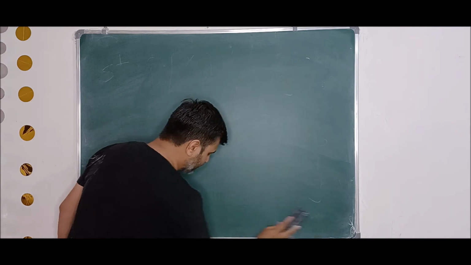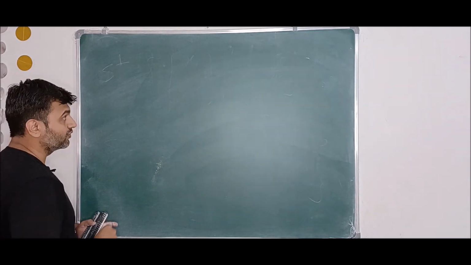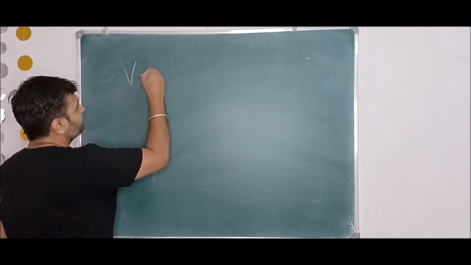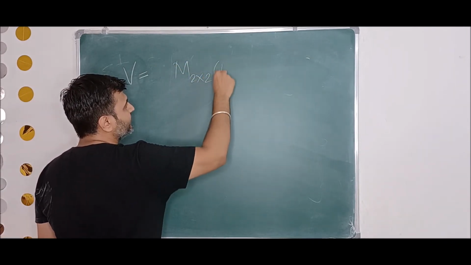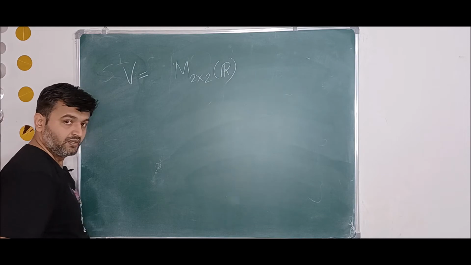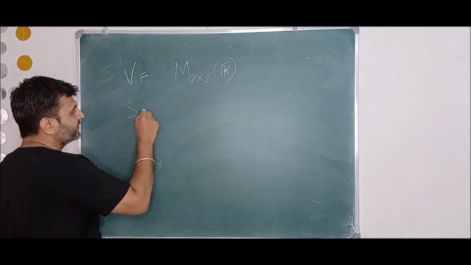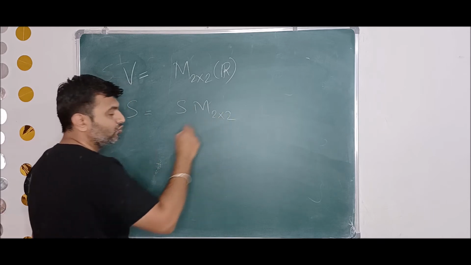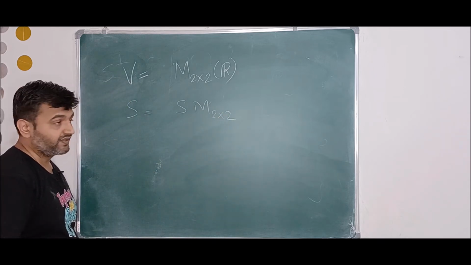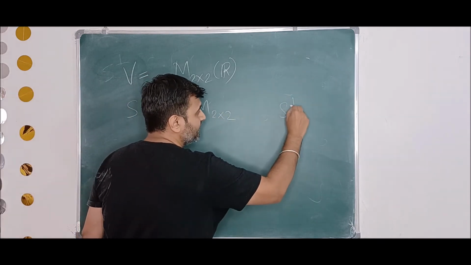Suppose I now go to matrices. Let me take my vector space to be the set of all 2 by 2 matrices over real numbers. Now let me take S to be the set of all 2 cross 2 symmetric matrices. I want to find what is S perp.